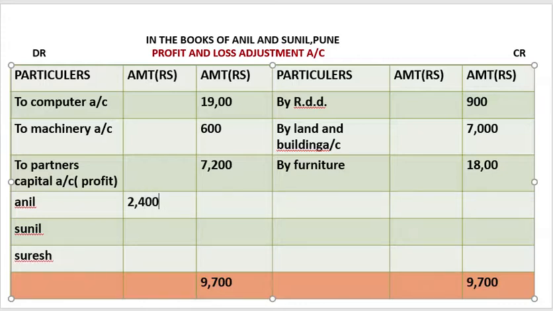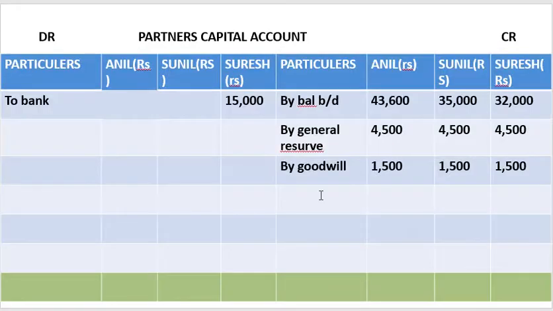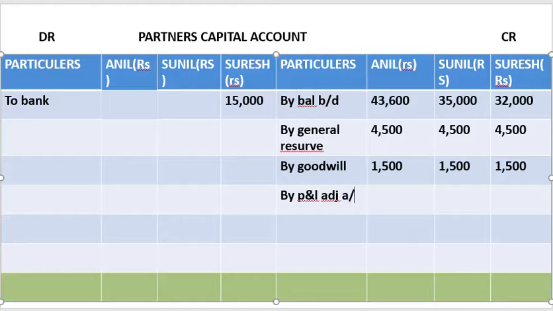So 2,400, 2,400, 2,400. Now this 2,400 will go in the partners' capital account as by profit and loss adjustment account. How much? 2,400. Here also 2,400, 2,400.